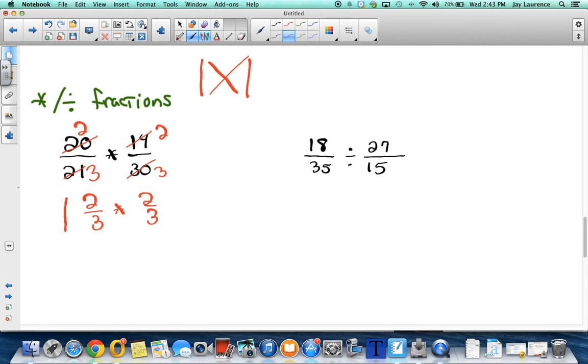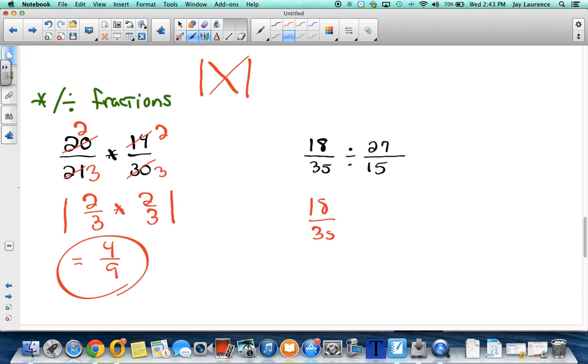Nothing will simplify that way. Nothing will simplify that way. So I'm ready to multiply thanks to Wonder Woman. So I get 4 times 9. Excuse me, 4 divided by 9. 4/9 is the answer to 20/21 times 14/30. Ends up being 4/9.